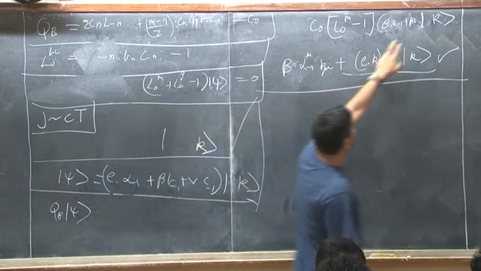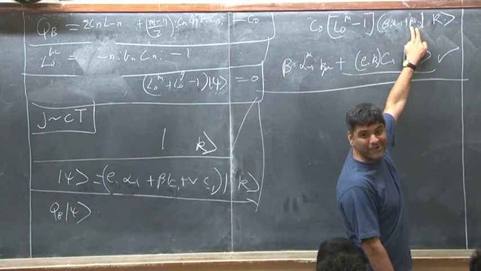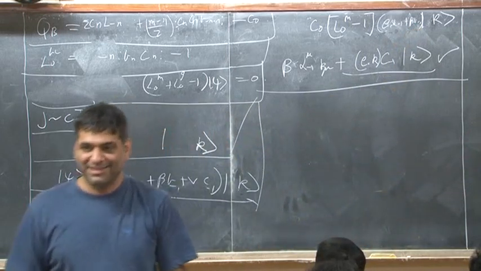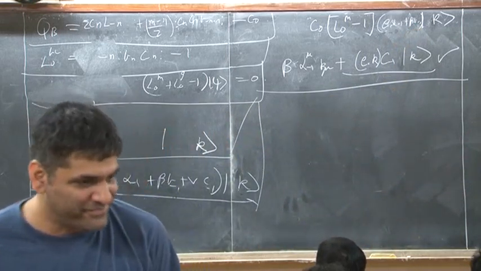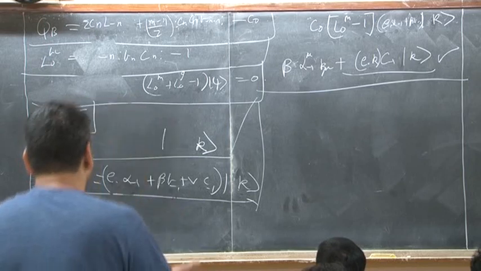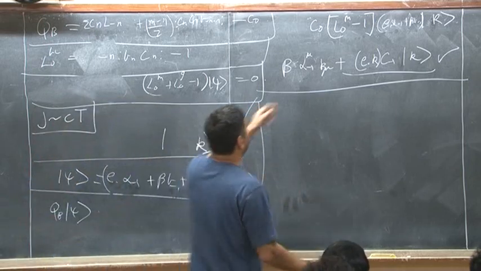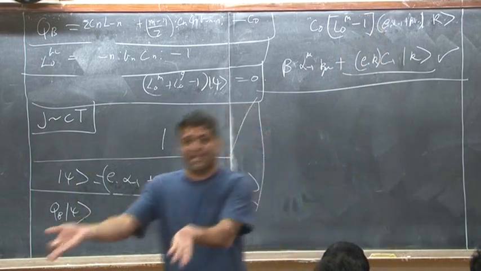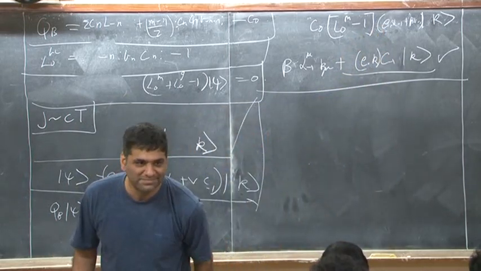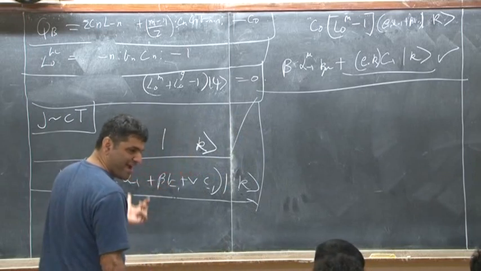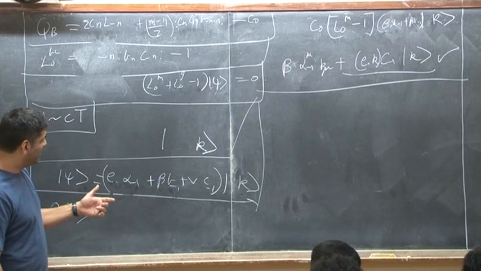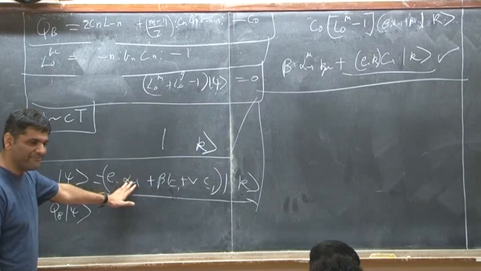However, that same argument does not work here. Why? It's because L0 coast does not annihilate that state. So if it's going to turn out to be 0, we should get an extra contribution here that will be precisely L0 coast acting on the state. Okay? And this extra contribution basically is that.